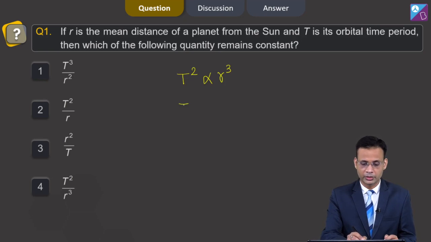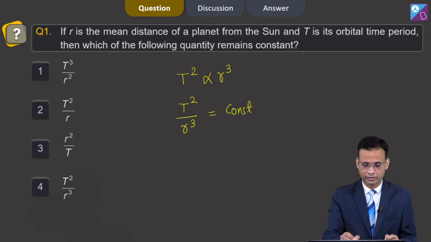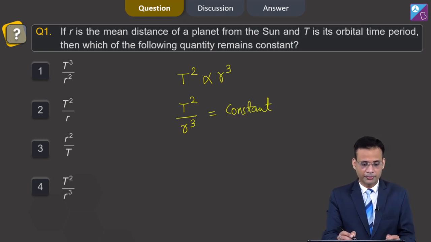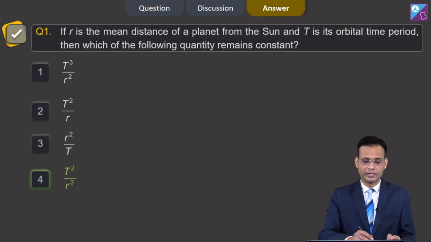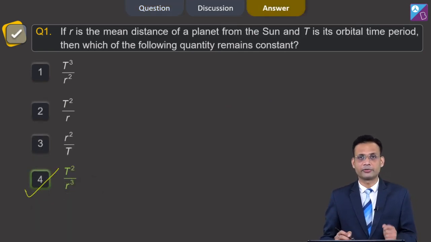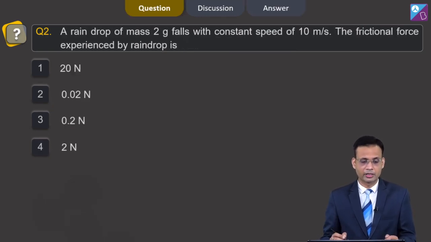So T square by r cube will be a constant. Now if you look at the options, our option 4 is the right answer of this question. Now let us move on to the next question, which is question number 2.